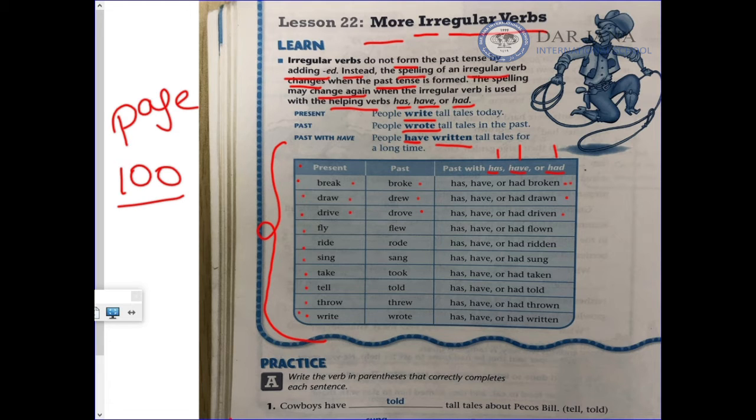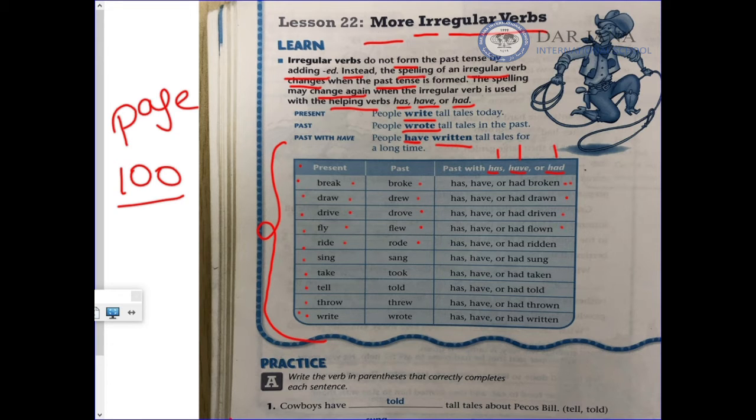Now we're going to go to the other irregular verb, fly. The past of fly is flew. And when we use has, have, or had, it becomes flown. Now, ride. The past of ride is rode.